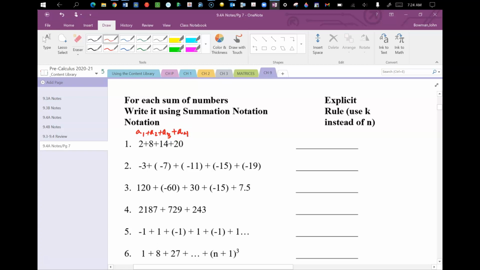So we have a rule that's going to be A sub k is equal to, well, you should recognize this as an arithmetic series because there's a constant difference. We keep adding 6 each time, and so our first or initial value would be 2 plus the common difference, 6 times k minus 1.